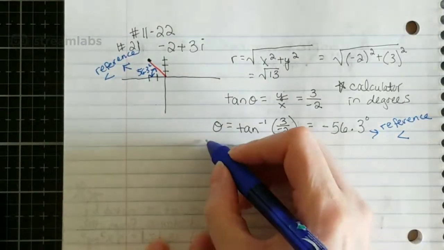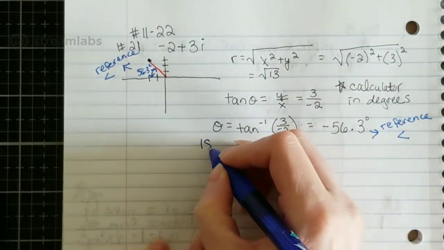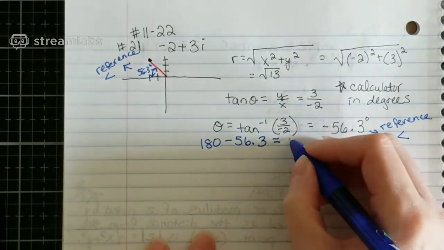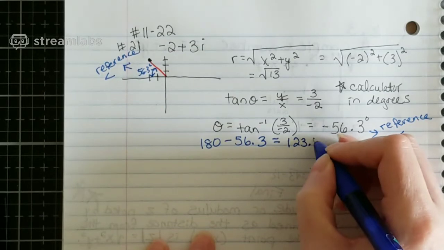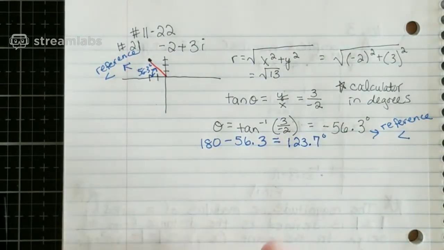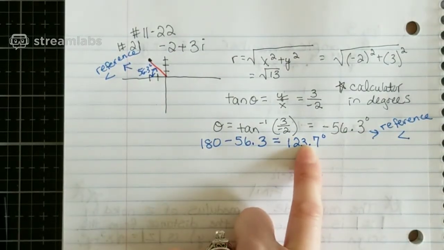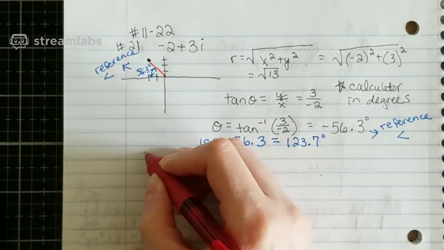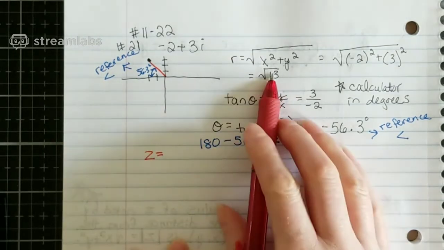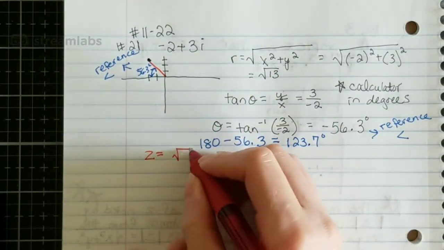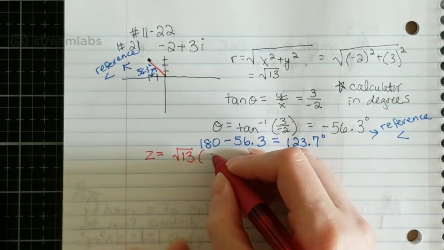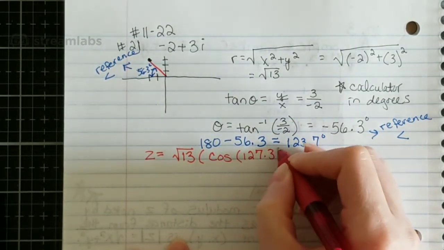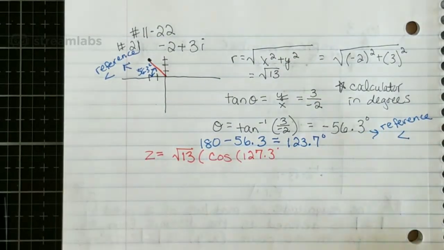Depending on the quadrant you're in, we're going to do 180 minus 56.3, and that gives me 123.7 degrees. So that would be the real one that we want. All right, so our answer: our R is the square root of 13, and then we're going to do the cos 127.3 degrees, or no, I got that backwards.